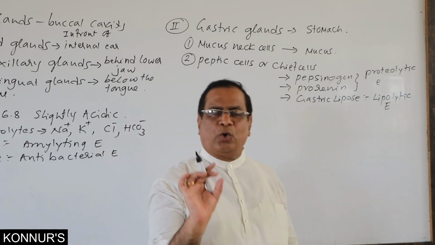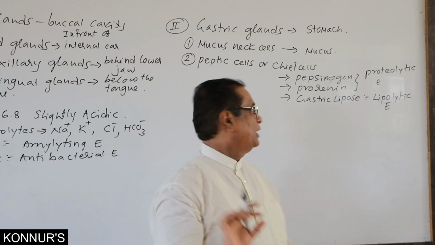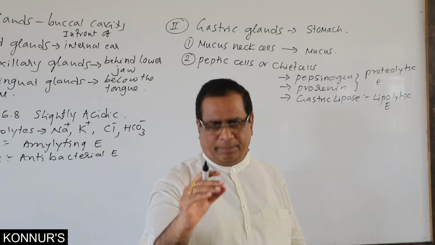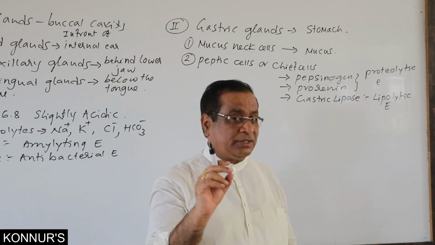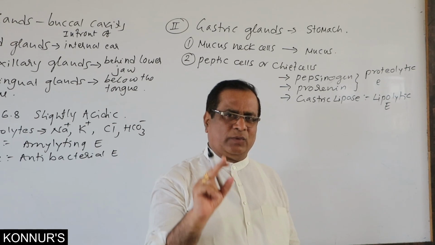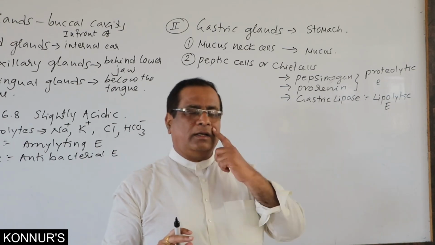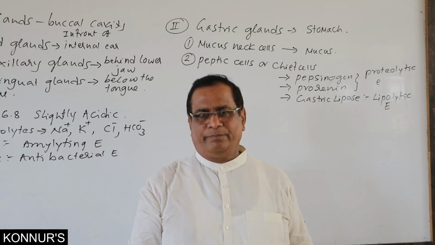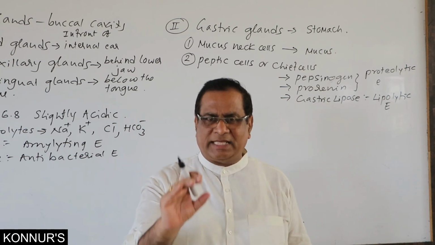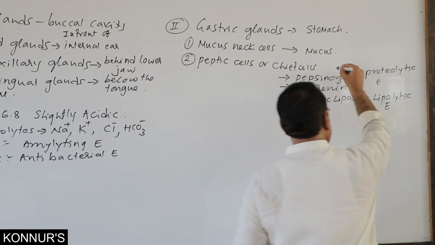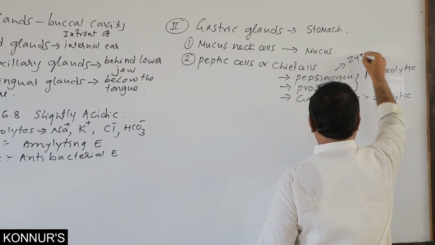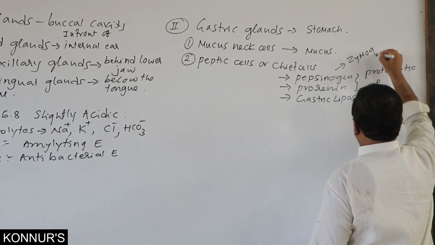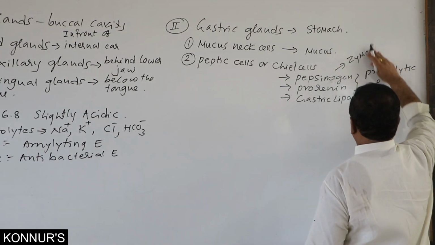Then pepsinogen and prorenin, which are produced by the peptic cells, are there in inactive form. And there is one terminology, once a NEET question was asked on it. Inactive forms of enzymes are named zymogens.